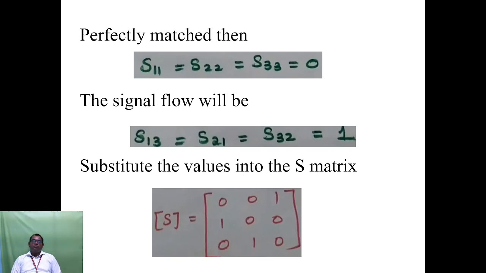For perfectly matched conditions, S11 equals S22 equals S33 equals 0. Then the signal flow gives S13 equals S21 equals S32 equals 1. Substituting these values into the S matrix, the diagonal elements S11, S22, S33 are 0, and the remaining S13, S21 and S32 are represented by the value 1.